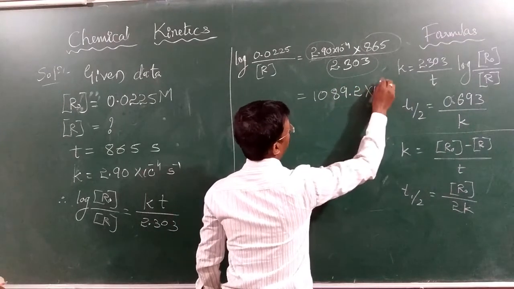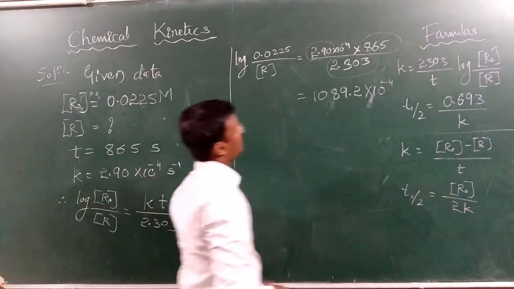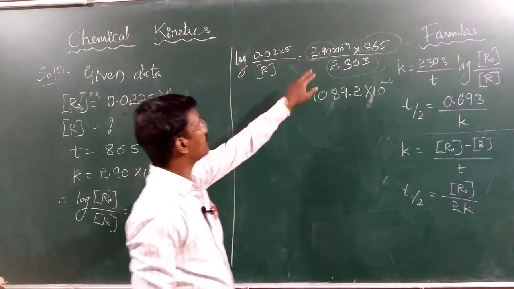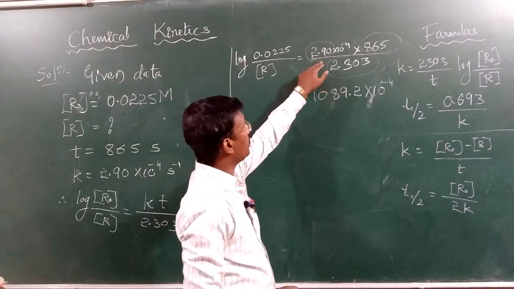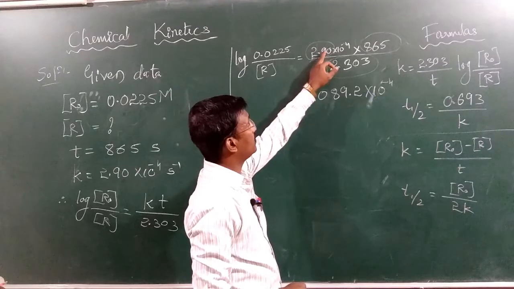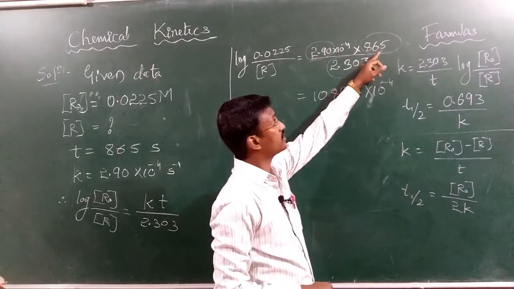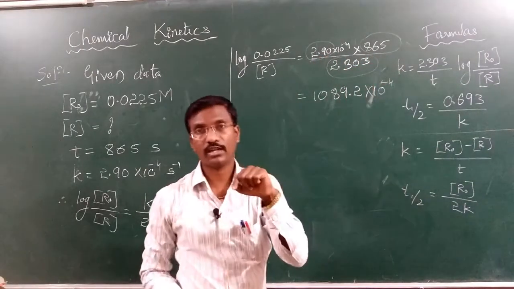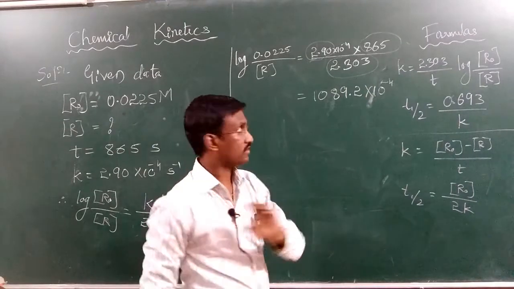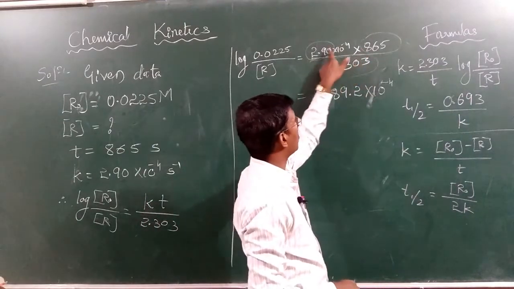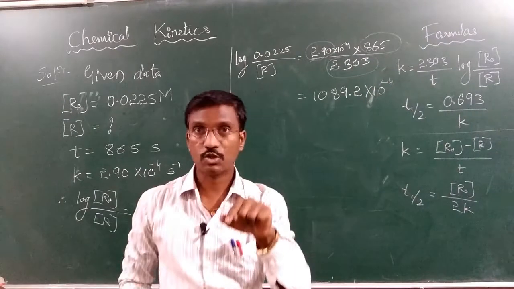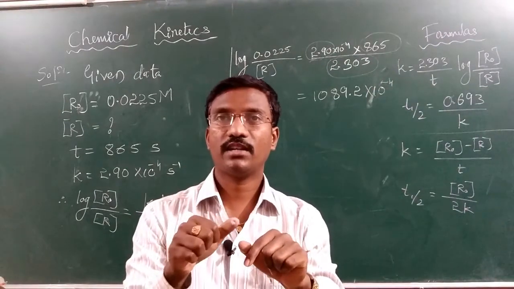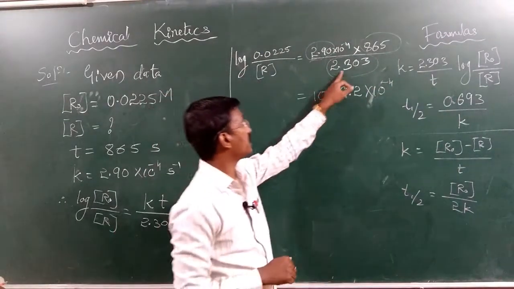Some of you may feel that I am explaining at a low level. No, because in urgency you may make the mistake: 2.9 into 865, if you directly put the divided, you are going to get the wrong answer. That's why first you have to do the multiplication of these two and press the equal button.